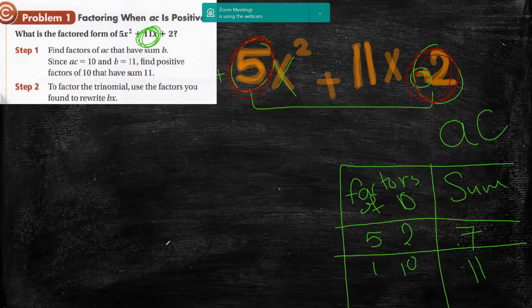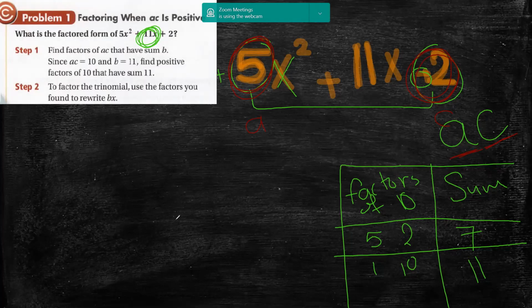You have to multiply a times c. This is a and this is c. You multiply them, you get 10. After you get 10, you have to write all the factors of 10 and find their summation. This is now the first step.